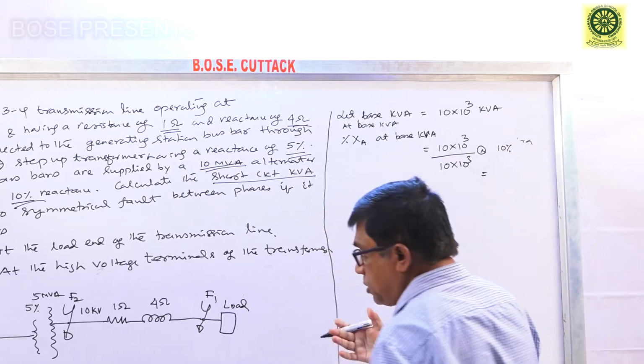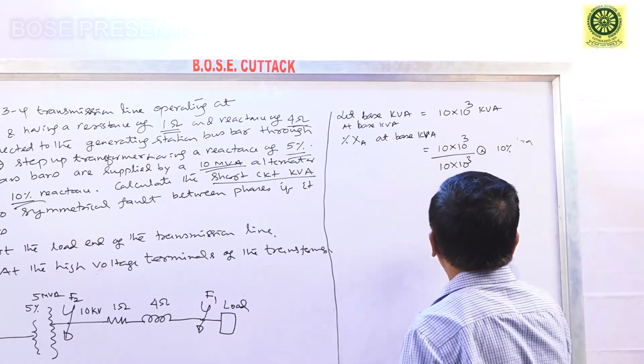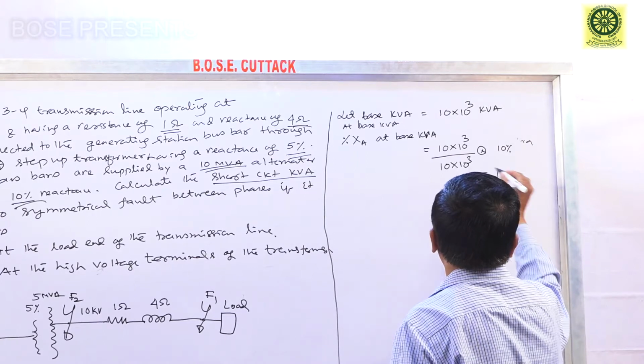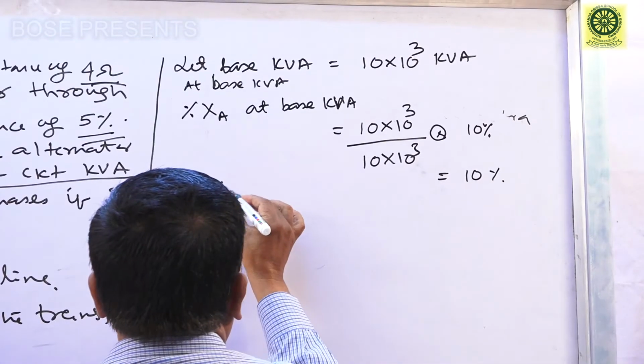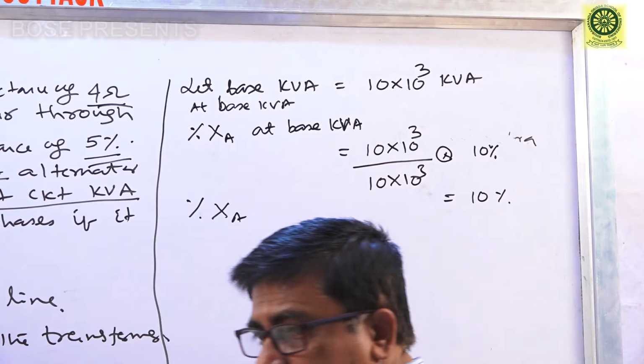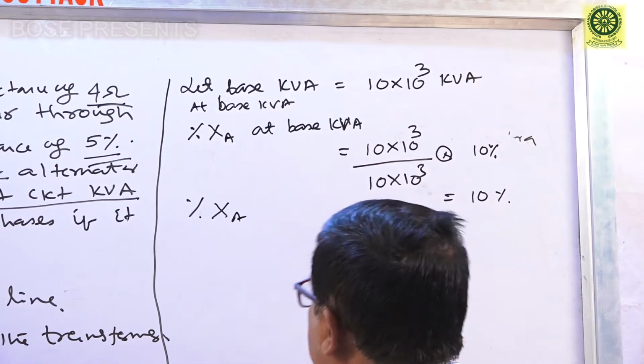So XA, the percentage of reactance of the alternator at the base kVA, is equal to 10%.